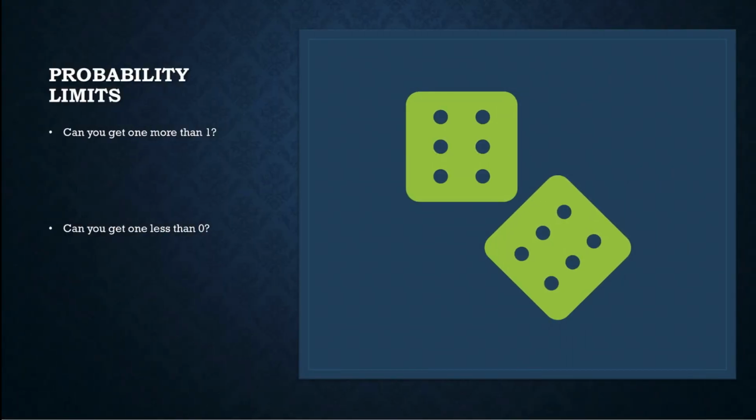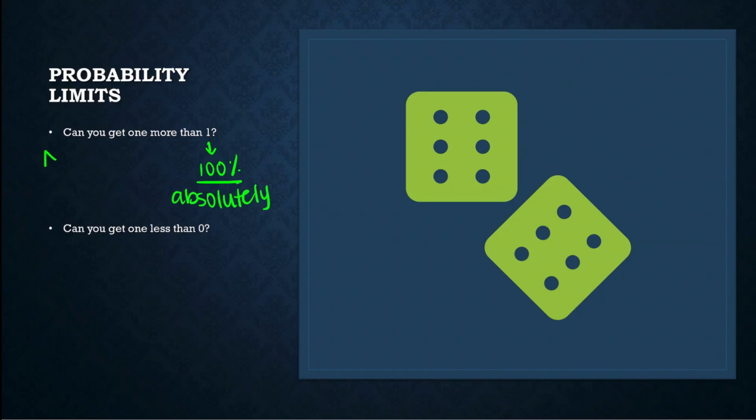So let's talk about what happens. Can you get more than 1 for a probability? So if I'm trying to pick something randomly, is there more than 1 chance? And one way to think about this is 1 as a decimal is just 100% in probability. Is it possible to get more than 100% chance? No. 100% means absolutely.